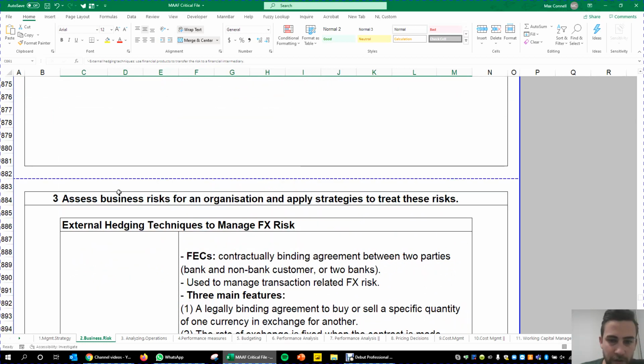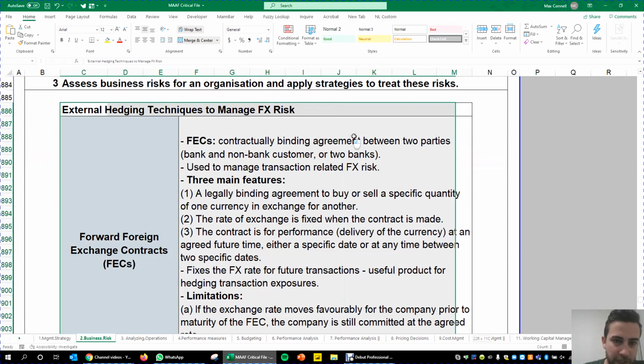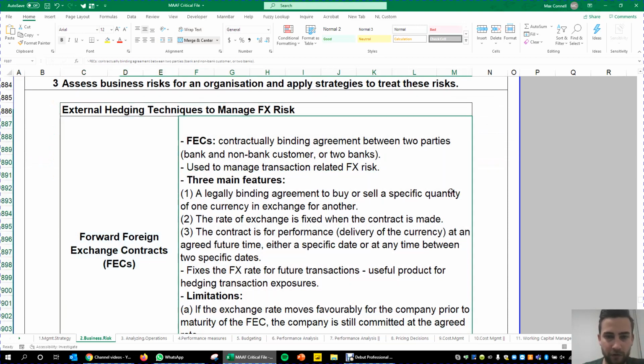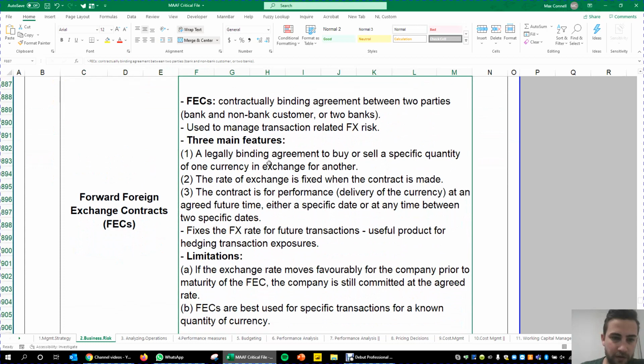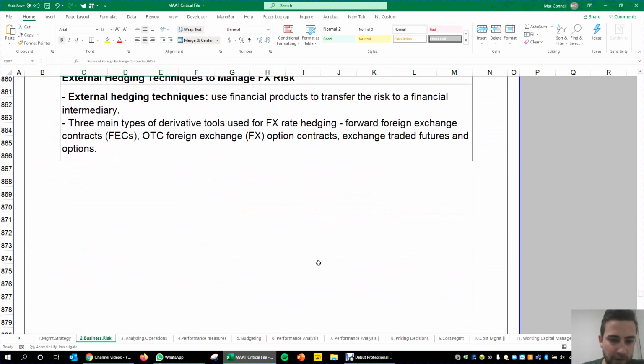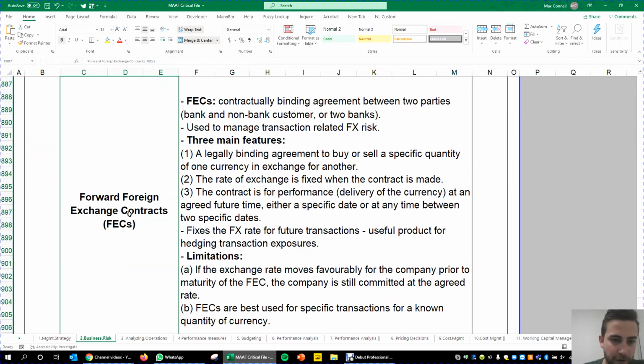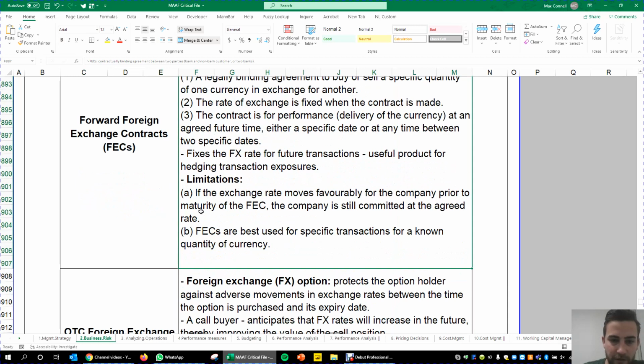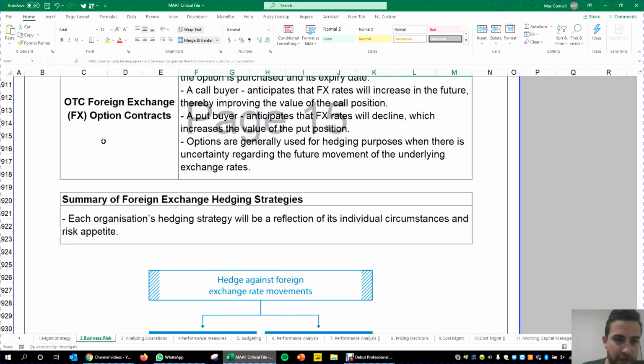Okay, so moving on. So external hedging techniques to manage FX risk. This is just a deep dive of some of these that we talked about above. So forward foreign exchange contracts. It's basically a legally binding agreement to buy or sell a specific quantity of currency in exchange for another at a future point in time.